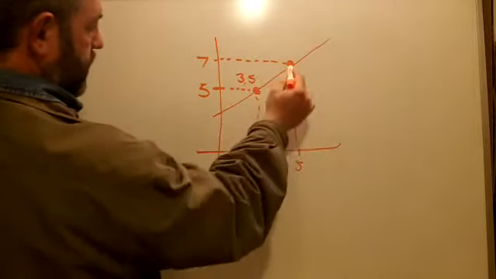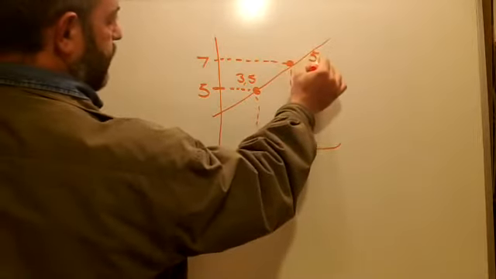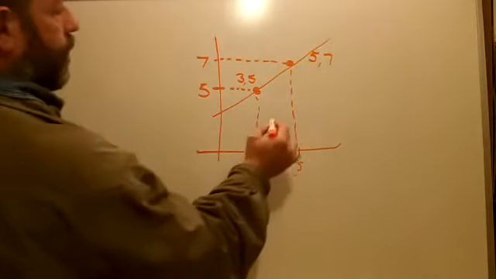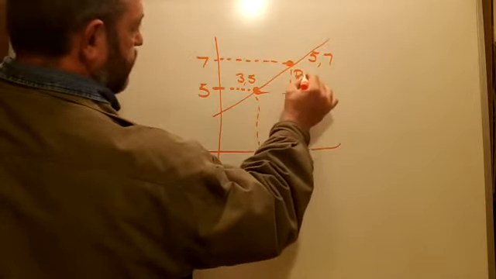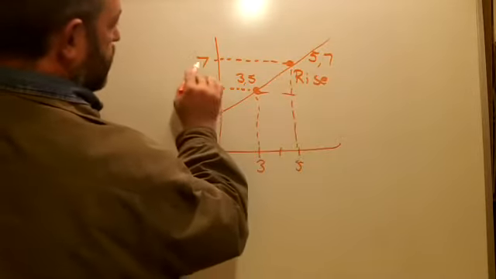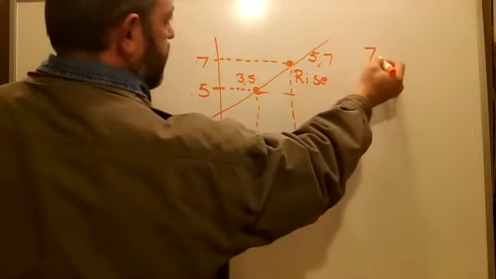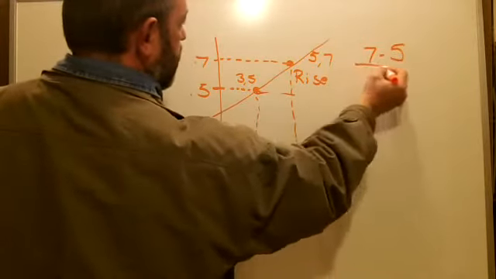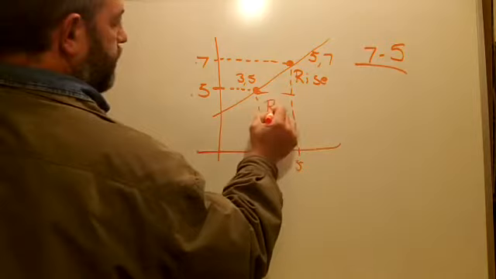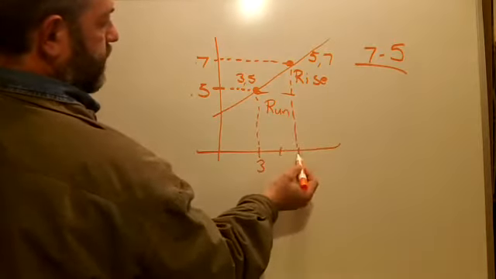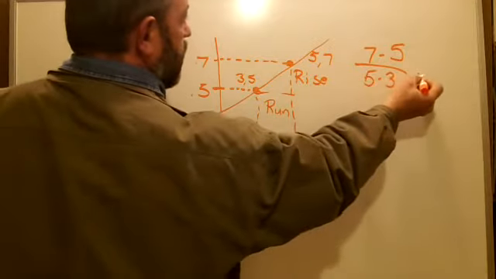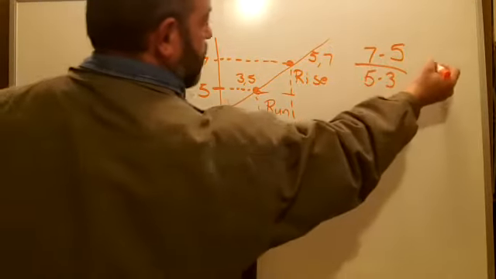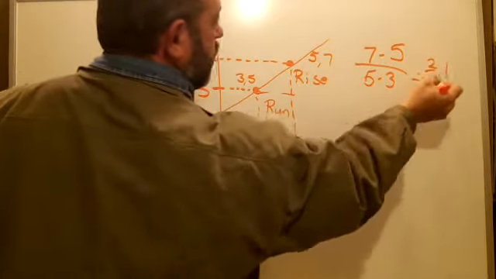The coordinates at this point would be 5 and 7. To get the rise over run, this is how much it rises, and it goes from 5 to 7, so it's 7 minus 5, over the run, which is 5 minus 3, which equals 2 over 2, or 1.